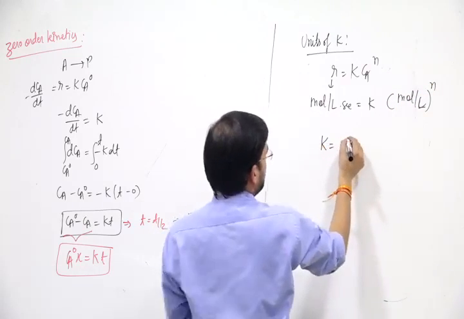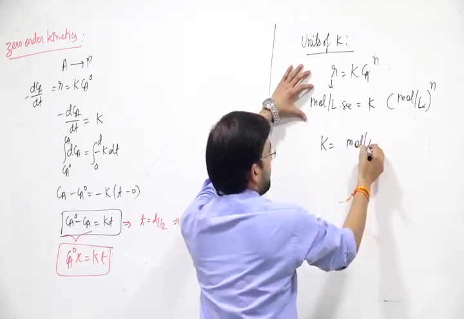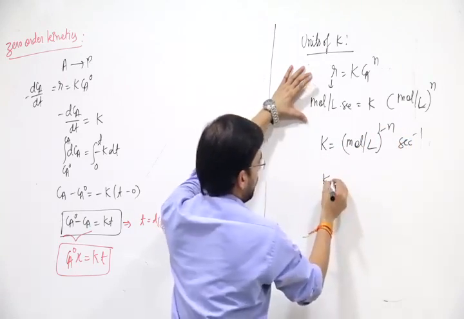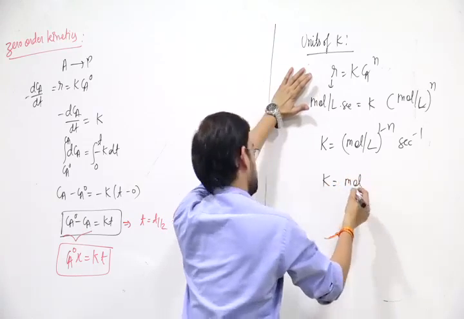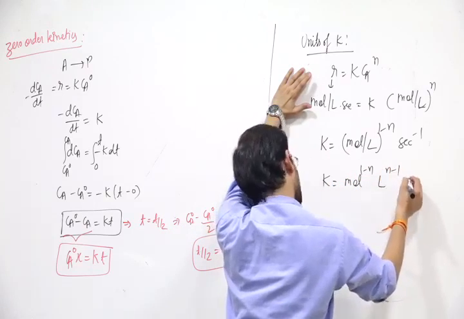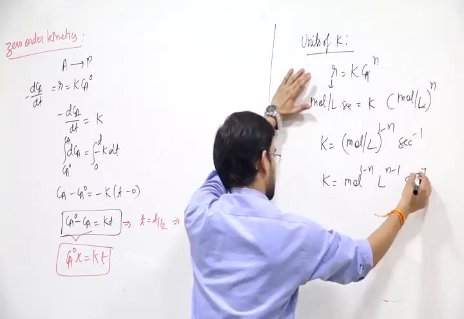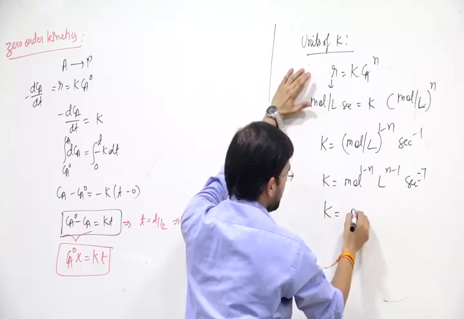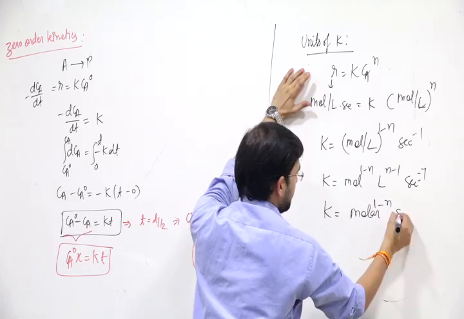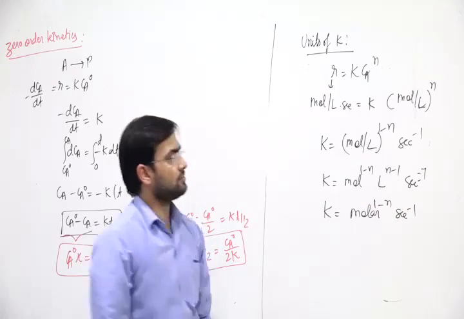So the unit of K becomes moles per liter power 1 minus n second inverse, or K becomes moles 1 minus n liter n minus 1 second inverse, or K becomes molar 1 minus n second inverse.